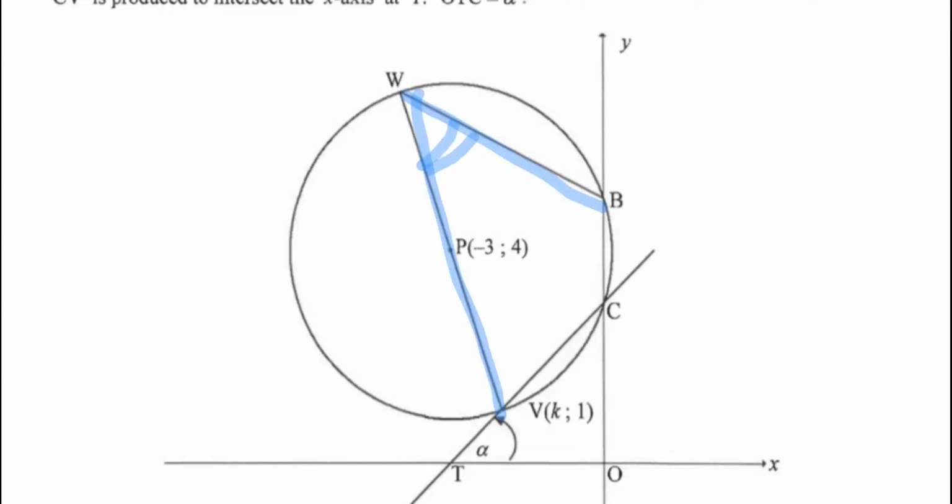We have the coordinates of B, we have the coordinates of V, we also have the coordinates of C, we have the coordinates of P. We have a lot of things, basically. How can we use these things to work out that angle? Anyone with a suggestion, please let me know.